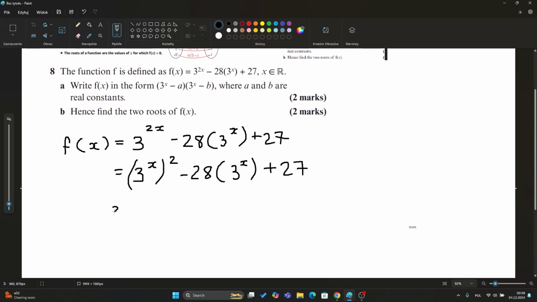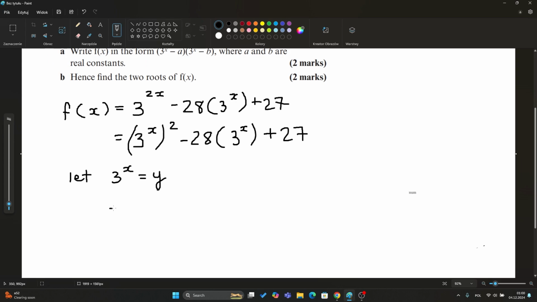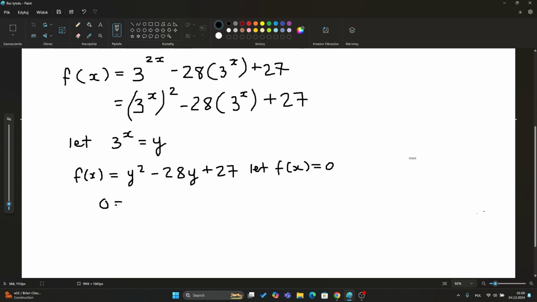So we can replace 3 to the power of x with y, so that f of x is y squared minus 28y plus 27. Let f of x be 0, and solve the equation as you would with a normal quadratic. I'll use the factorization method.